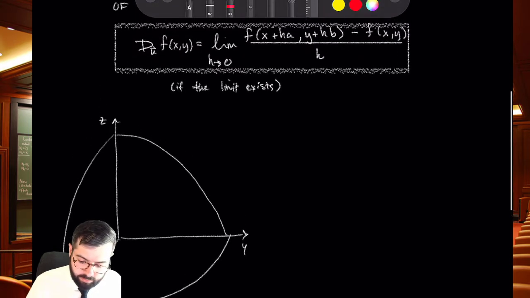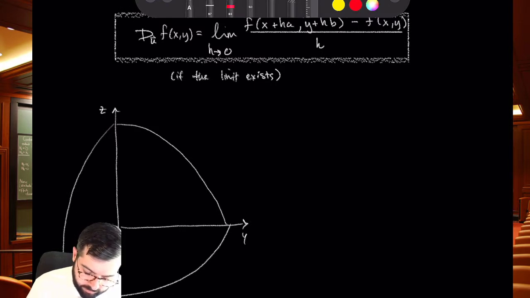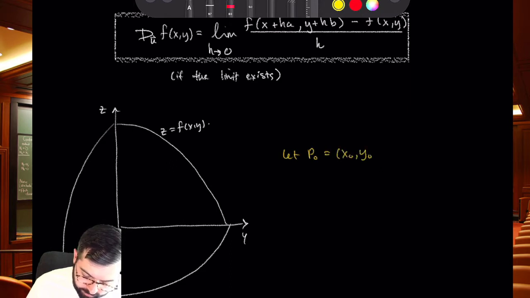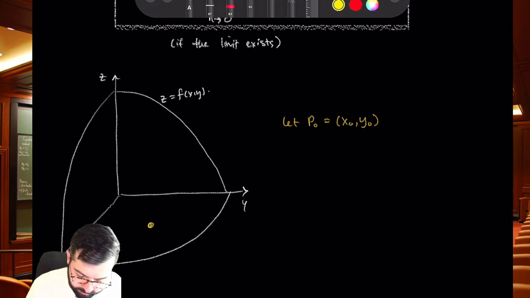And so let's say at a given point, so here's my z equals f of x, y. So let's let p naught be some point x naught, y naught in the plane. We'll call that p naught here.